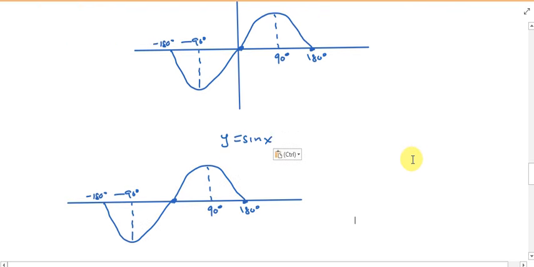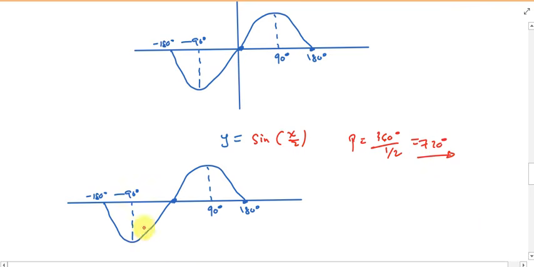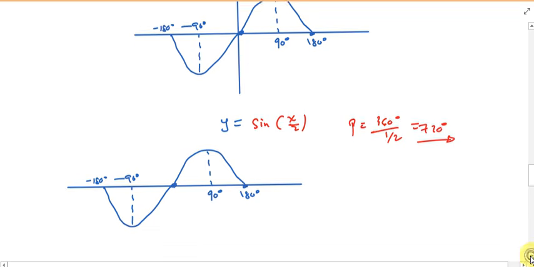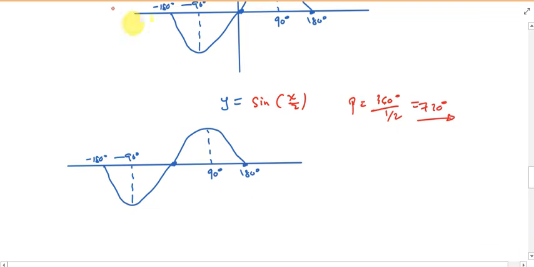Now remember the period of this graph, if I'm sketching y is equal to sine of x over 2, becomes 360 degrees divided by half, which is 720 degrees. That's the period of this graph. So these points will obviously now change.